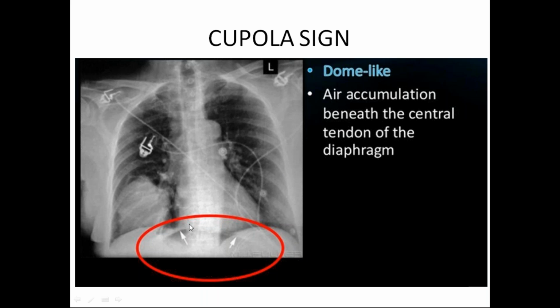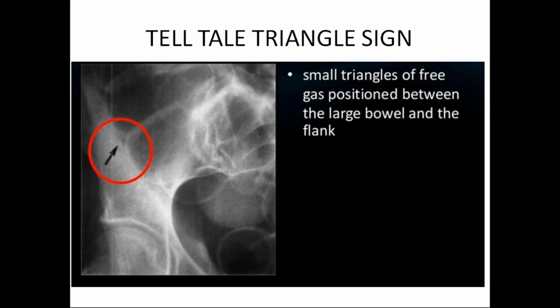And if the air is not present along the entire length of the diaphragm, we can see a cupola sign, which is just the accumulation of air just under the central tendon of the diaphragm and not under the domes. And there is a triangle sign, which is accumulation of gas between two to three adjacent bowels, or the adjacent bowel and the flank.